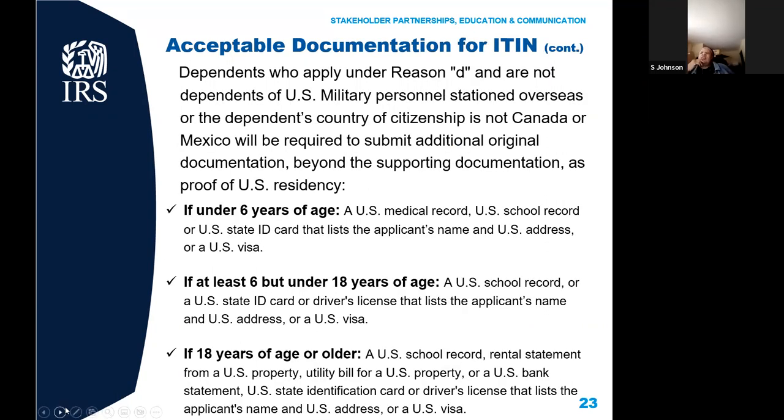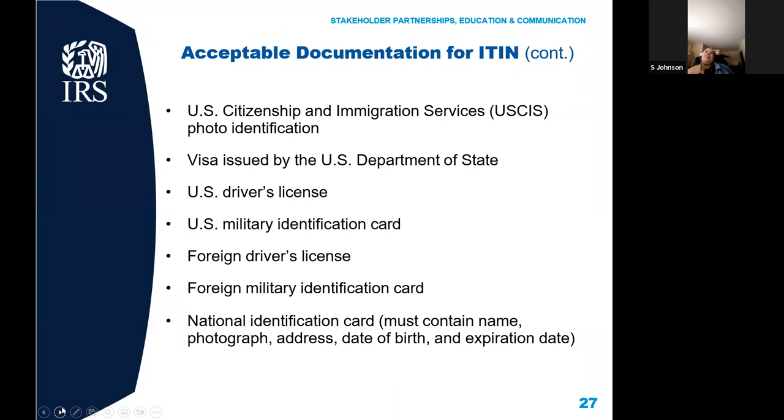Acceptable documentation: a U.S. Citizenship and Immigration Services photo ID, a visa issued by the United States Department of State, a U.S. driver's license, a United States military identification card, a foreign driver's license, a foreign military identification card, a national identification card that must contain the name, photograph, address, date of birth, and expiration date.